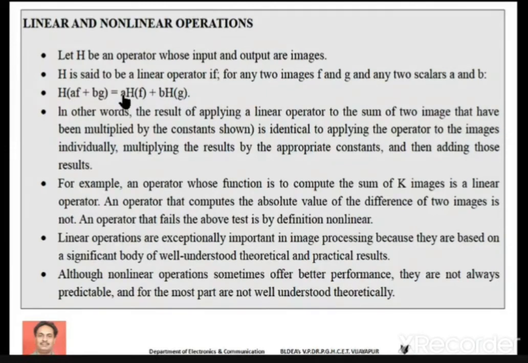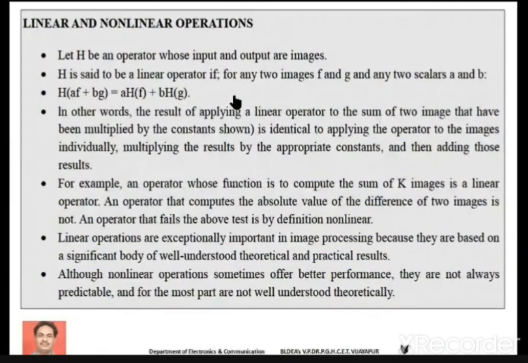In other words, the result of applying a linear operation to the sum of two images that have been multiplied by constants is similar to applying the operation to the images individually, multiplying the results by appropriate constants and then adding those results. So any operation satisfying this equation is called a linear operation.